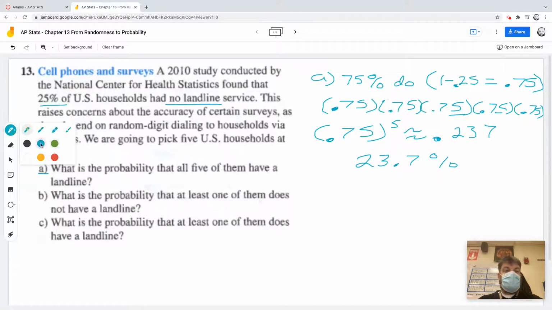Now, I want to point out that we did that because they want all 5 of them. You're going to see that this is going to be a little different now. So now it says, what is the probability of at least one of them not having a landline? So now this is a different question. I'm going to write this a little more formally.